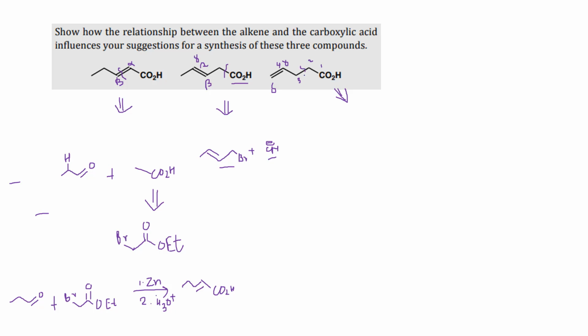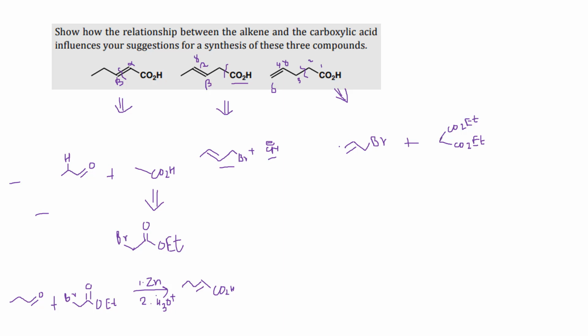So if you just break this bond and take allylic bromide, this will be a diethyl malonate, and we will get this gamma delta as our product.